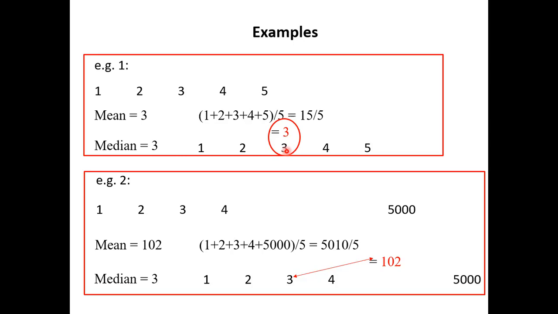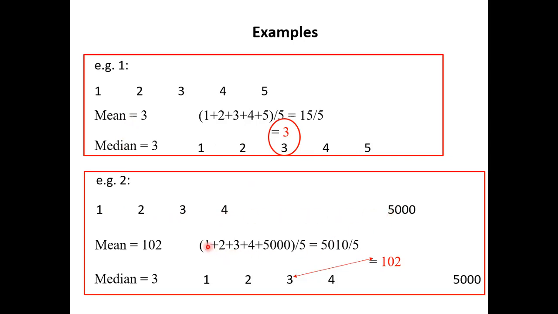Why study mean and median? Data is symmetrical, right? This and this are similar. Later we'll see what symmetry means. Next data set: 1, 2, 3, 4, and 5,000.